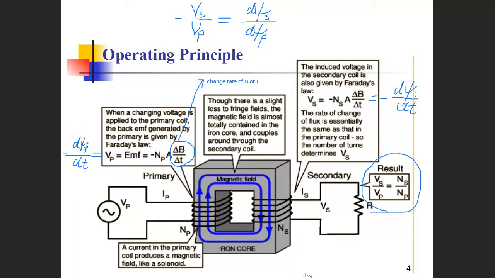You can do that. Or you can change the DC voltage into an AC voltage first, then use a transformer to make the voltage higher, and then convert the high voltage AC to a high DC. You can do that.